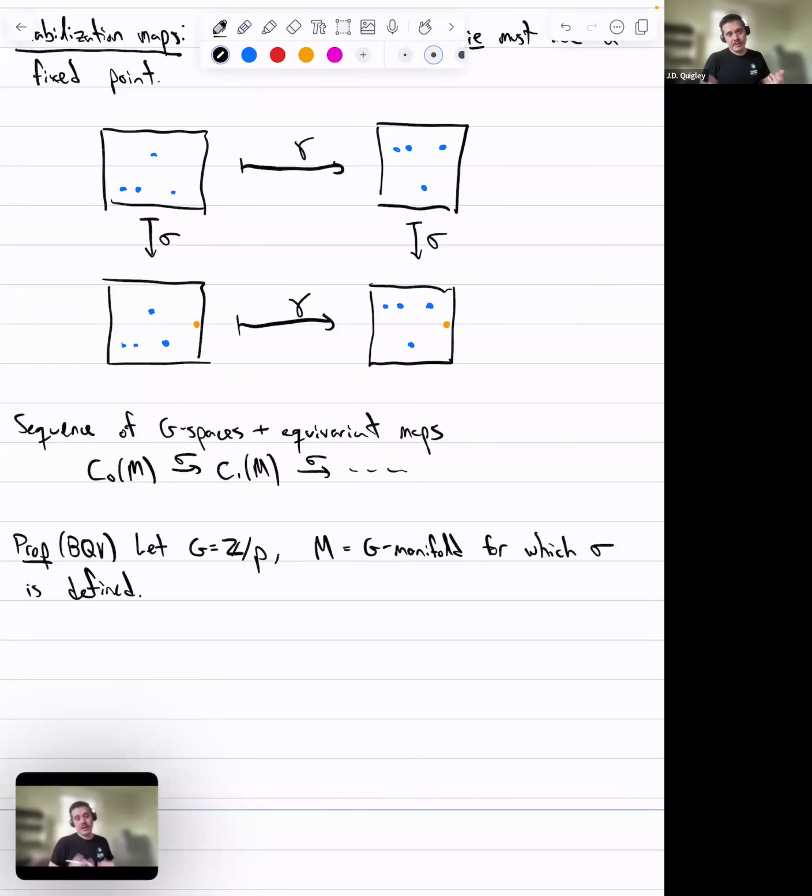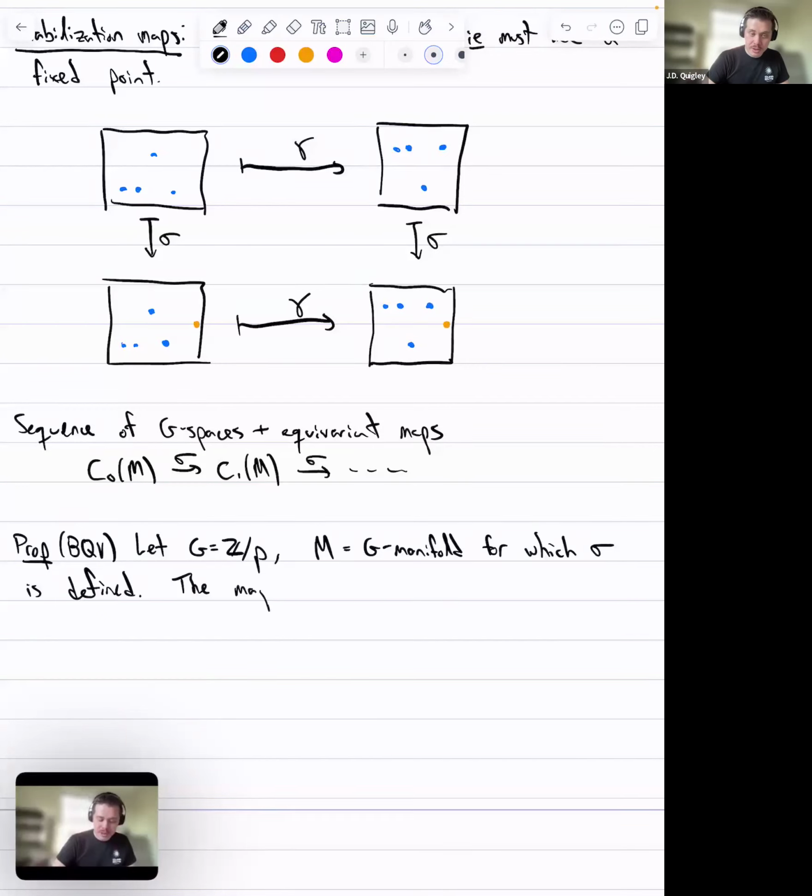So in the language of earlier in the talk, the conditions I want on M are that it's homeomorphic to the interior of a G manifold with non-empty boundary containing a fixed point. But it's easier to just say it's a G manifold where I can put in this fixed point near a boundary.